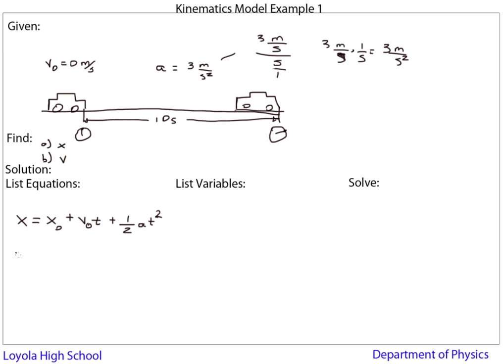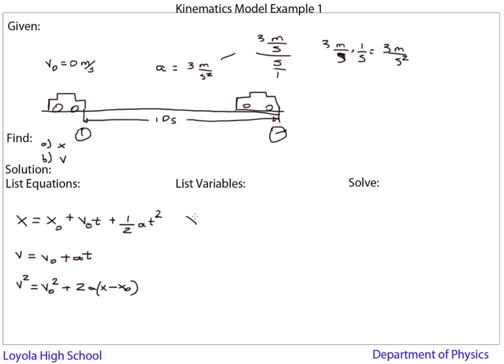Make sure you write that. v is equal to v0 plus a t, and v squared is equal to v0 squared plus 2a(x minus x0). So we list these equations. We list them every time so we can see what we have to work with. Different things will cancel out and so forth, which we'll see in a minute here.